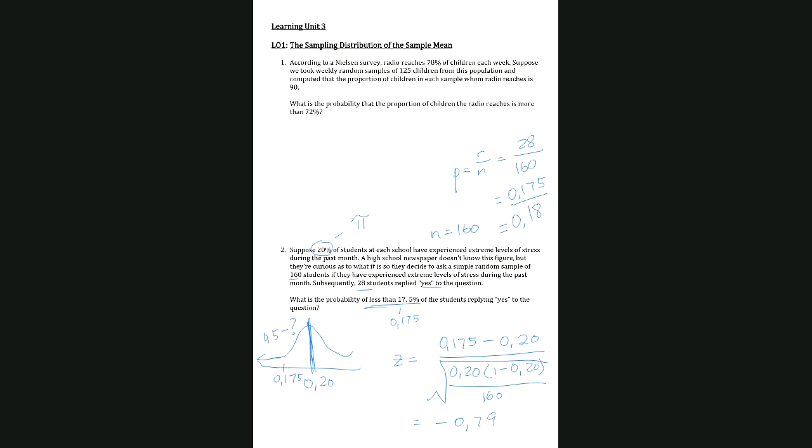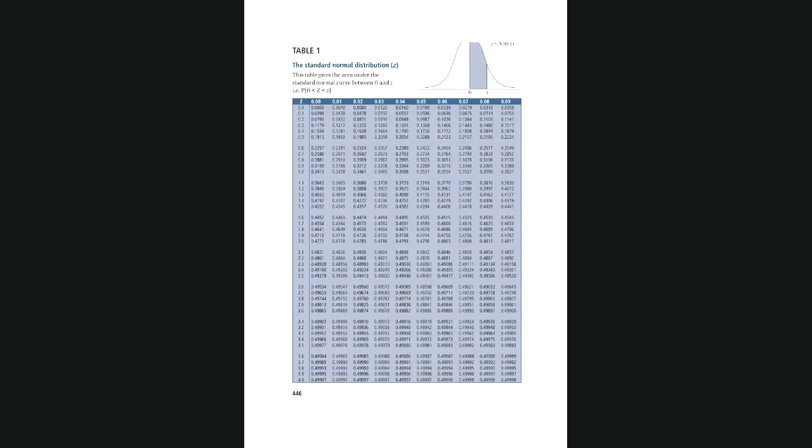So you're going to take minus 0.79 to table 1 of the appendix, locate that value, and then we'll say 0.5 minus that value. So I'm going to skip to the table. We're looking for minus 0.79, but of course we're ignoring the negative sign now. So we're looking for 0.7 going down, which is here.